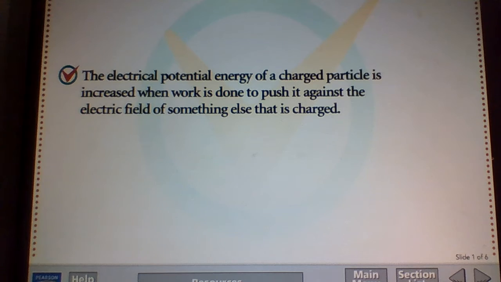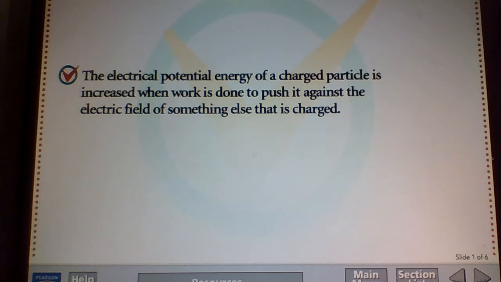Now, electric potential energy, or EPE, is the energy of a charged particle as it's increased when it's moved inside of an electric field. Basically, the way to think about this is if I have a proton and I'm trying to move it closer to another proton, I am going to increase its potential energy the closer I bring it, because it wants to repel.